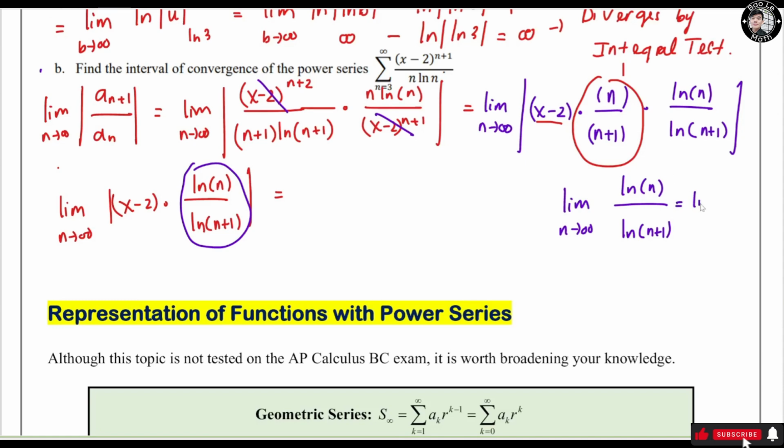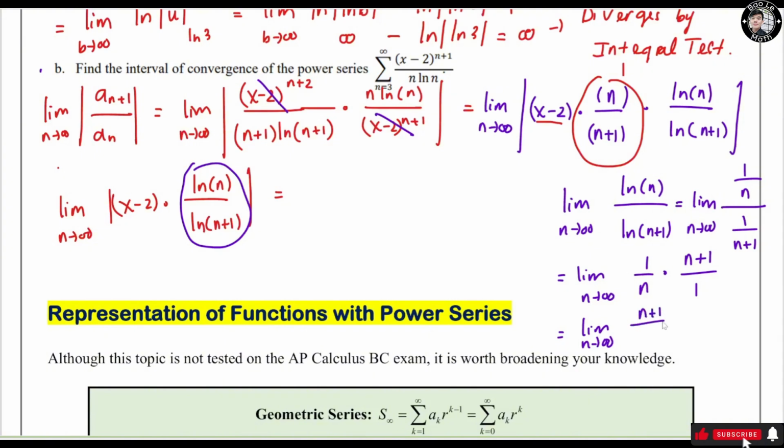So it's going to be the limit as n approaches infinity of 1 over n over 1 over n plus 1, which is the limit of n plus 1 over n. We're going to use the relative growth rate, so the limit of n over n as n approaches infinity is going to be 1, right?